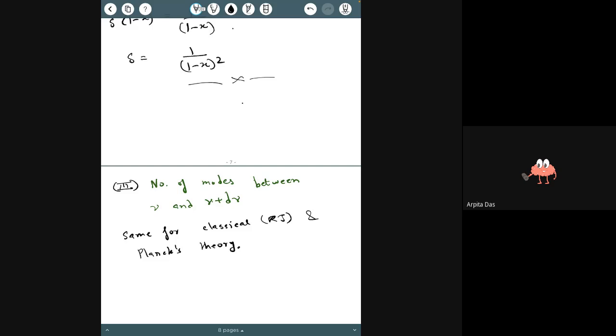Let me just write the expression then, since we derived it before. So this was n nu, or the average one. d nu is equal to 8 pi nu square d nu by c cube.